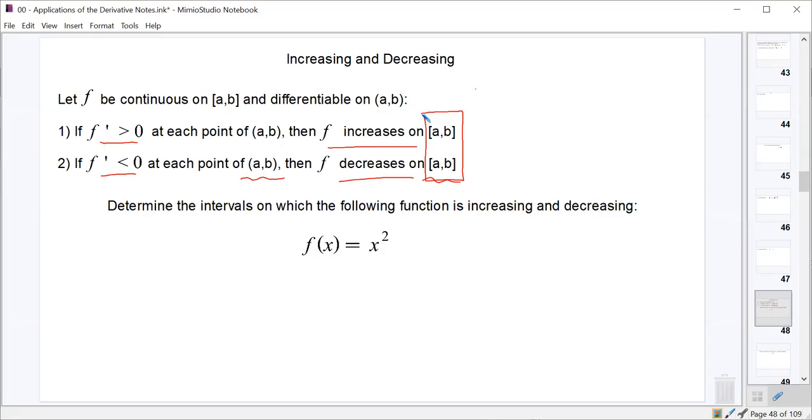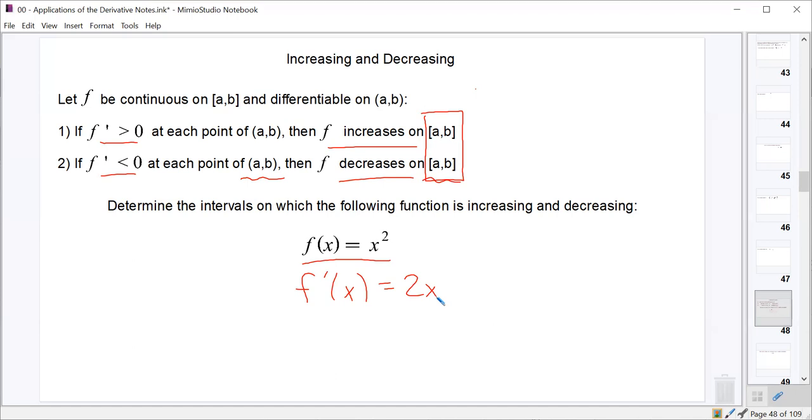So the only thing we have to do to figure out if a function, for example, f of x equals x squared, is increasing or decreasing on a specific interval is find its derivative. So we'll do that. And then we need to figure out when the derivative is positive and when the derivative is negative.